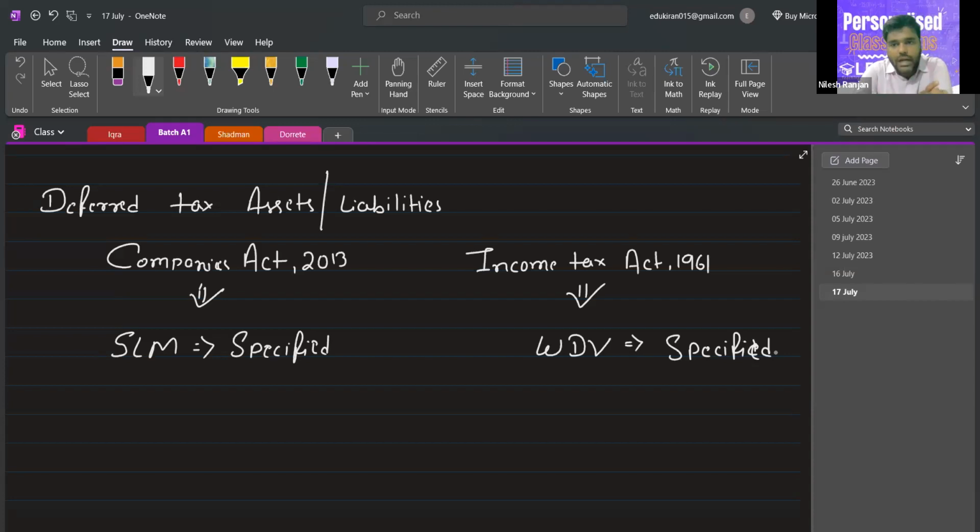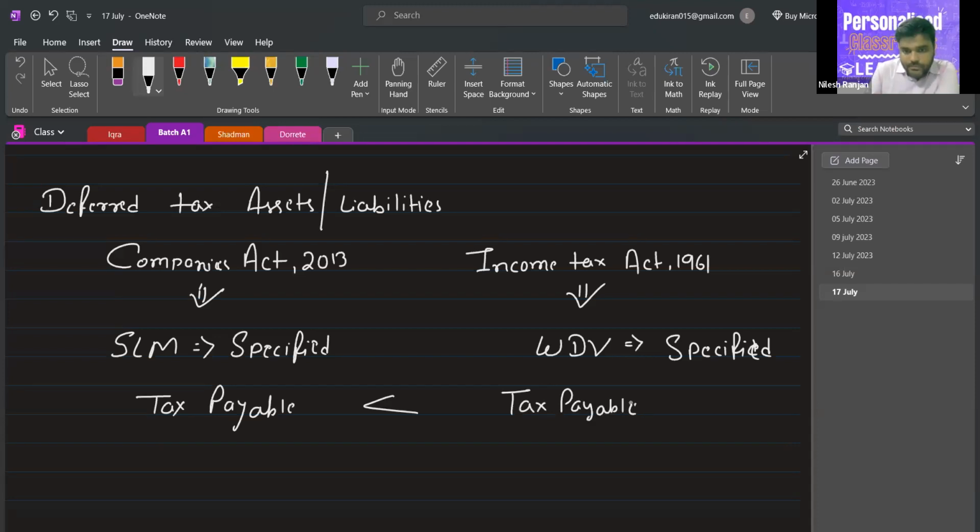Due to that, sometimes tax payable under the Companies Act is less than tax payable under the Income Tax Act. Yes, sir.